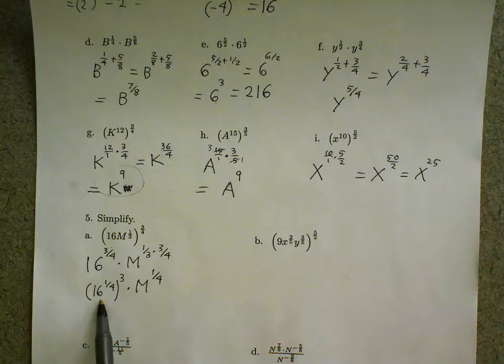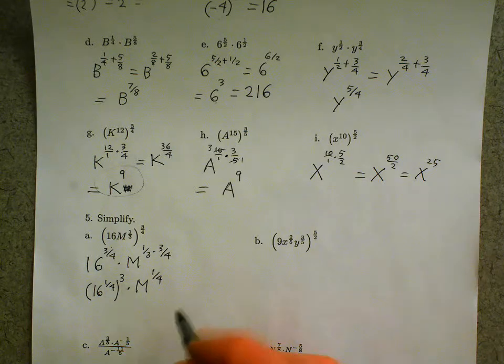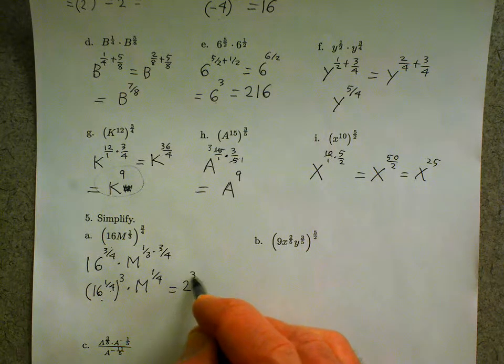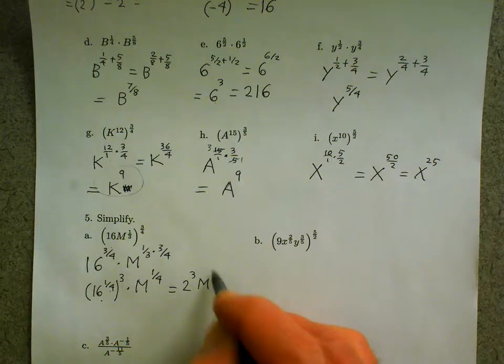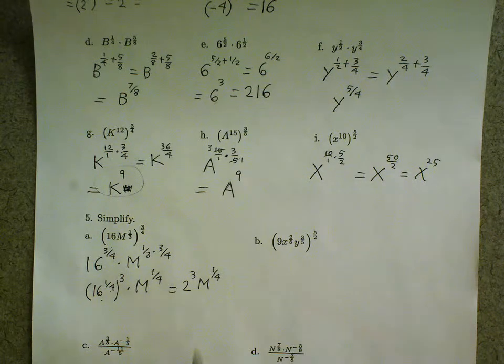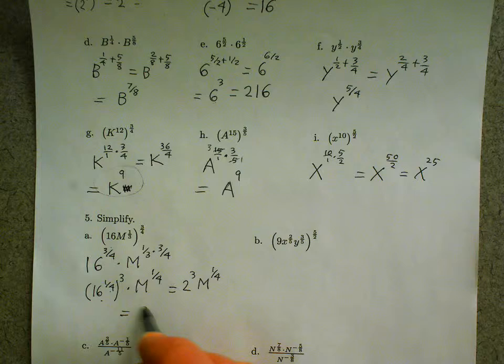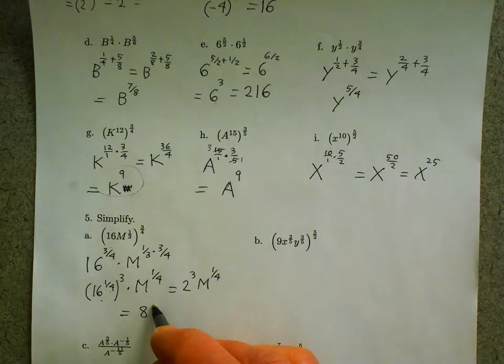And then we still have to simplify 16 to the 1/4 to the 3rd. 16 to the 1/4 is 2, so we get 2 to the 3rd times m to the 1/4. And then finally, we get 8 times m to the 1/4.